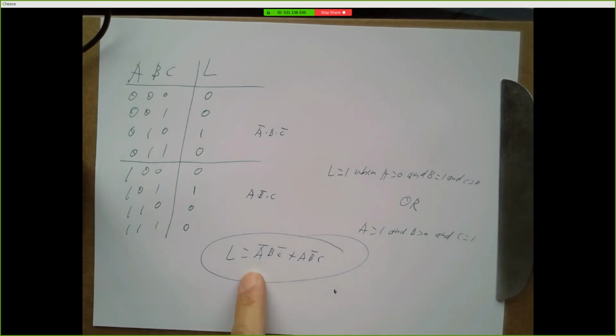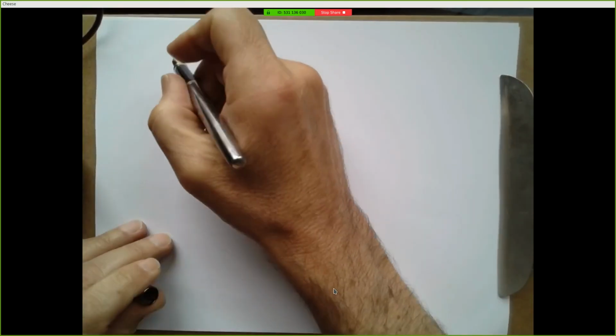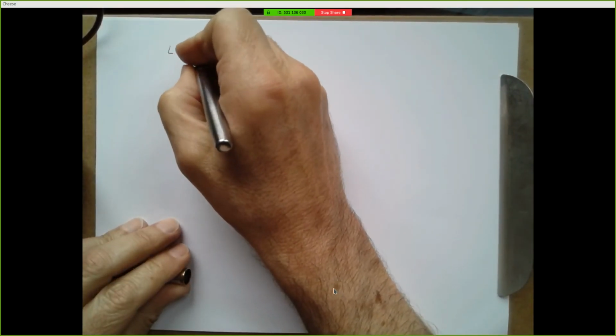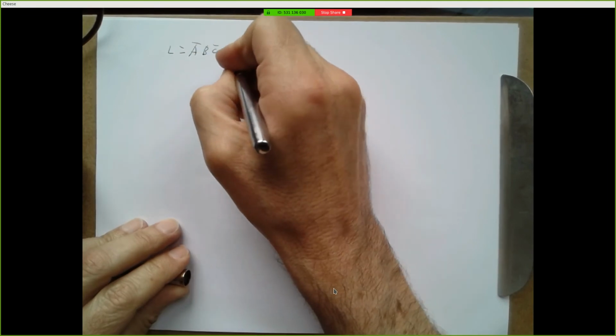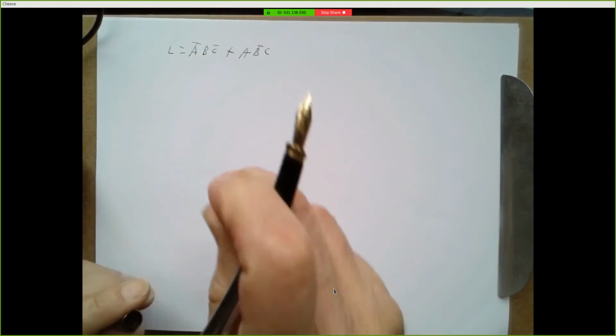The next step would be to simplify this if we could. We're not going to worry about simplifying for now. So we're going to build a circuit that implements this equation. Okay, so our equation is L equals A bar B C bar, or A B bar C.